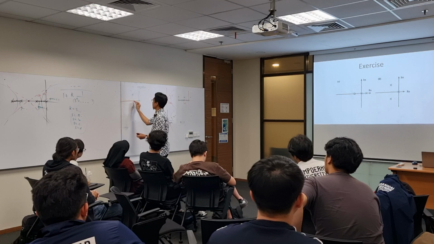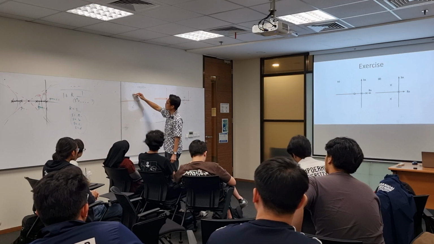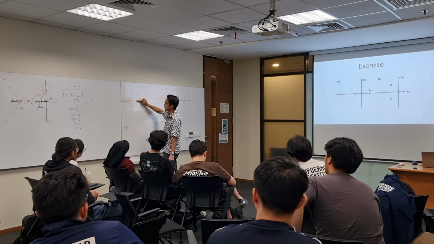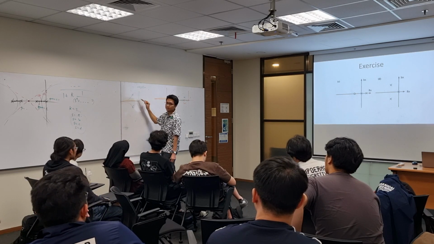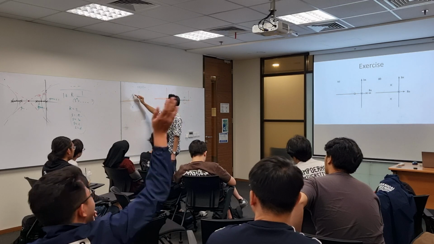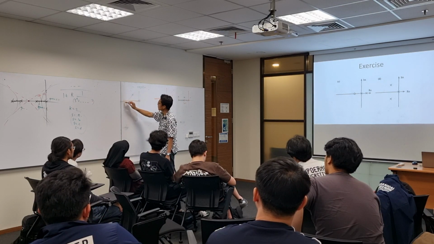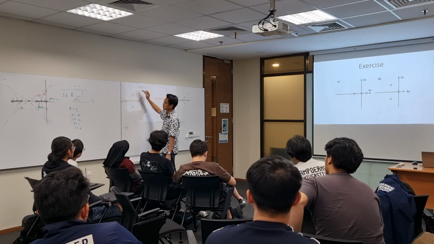So this one cannot go like this. It's impossible, because one of the asymptotes has been used by this. So the only ones that will go for the asymptotes are these two, at 60 degrees.